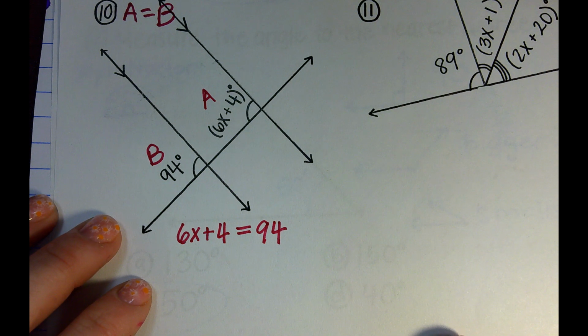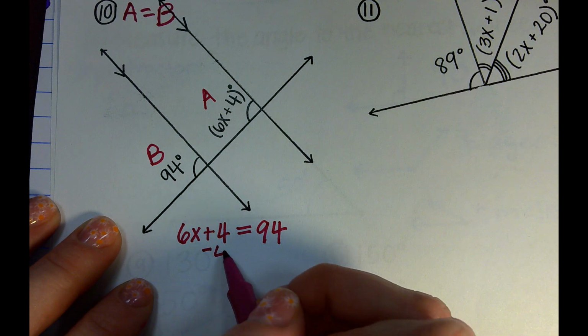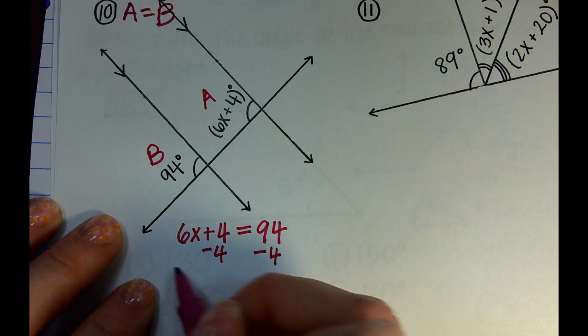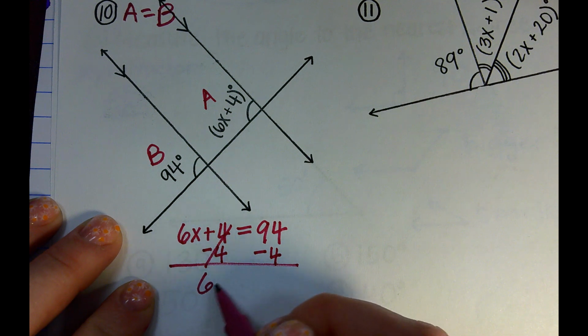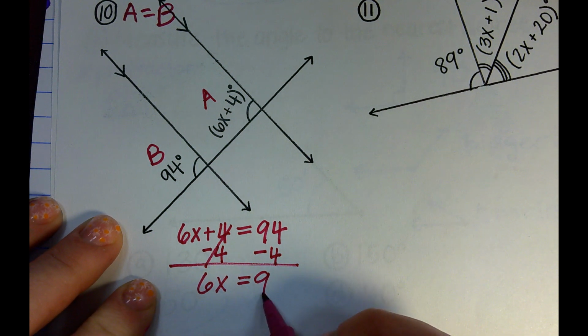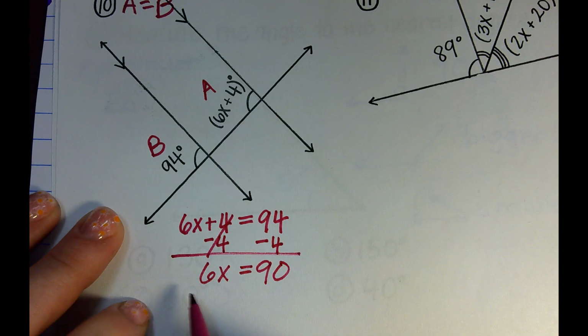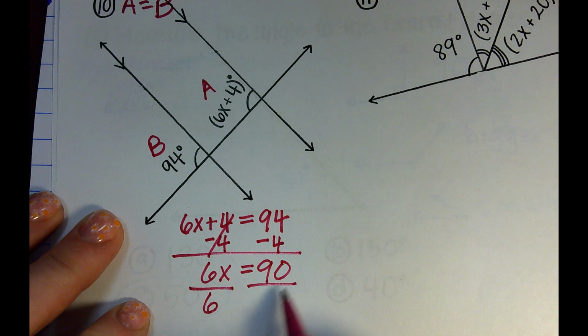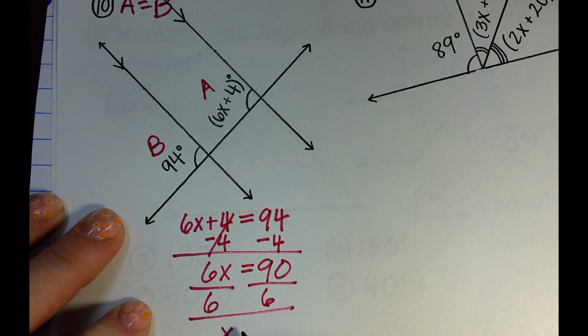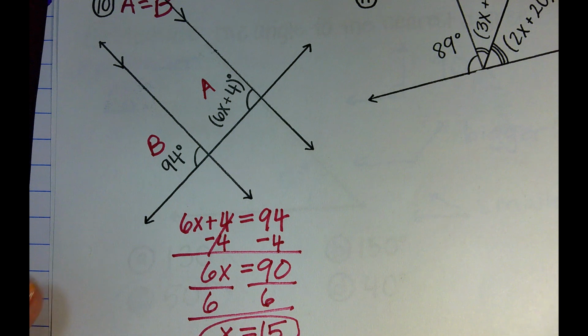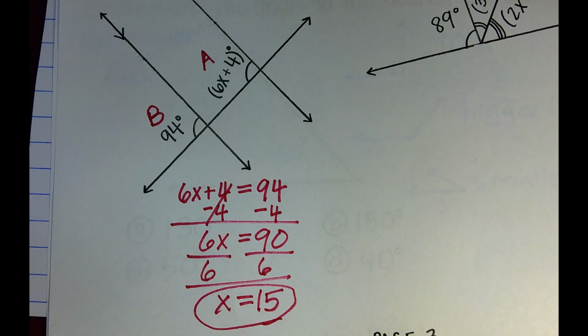Now you subtract 4 from both sides. 6x equals 90. Then we divide by 6. X equals 15. Amazing. Okay, last one.